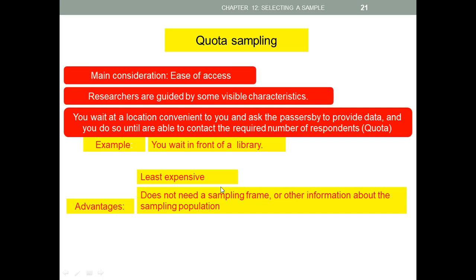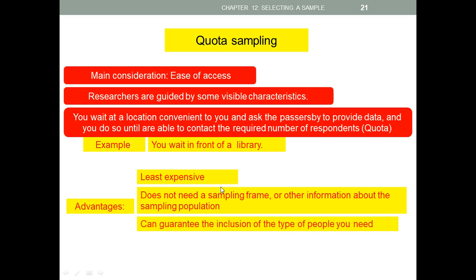Another advantage of quota sampling is that, as stated earlier, you don't need a sampling frame or other information about the sampling population. You don't need the frame because the idea is to set a quota, 200 or 300 sample size, and then you approach people who possess the characteristic and you collect the data from them.